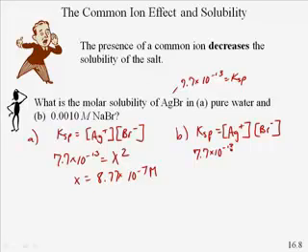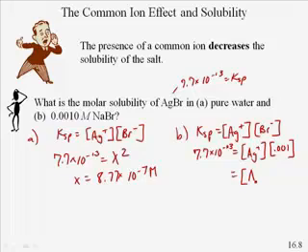That defines that ratio. But now, I don't know what my silver is going to be, but I know that bromide is going to be dominated by that added sodium bromide. So the moles of silver per liter is going to tell me how much of the silver bromide dissolved.